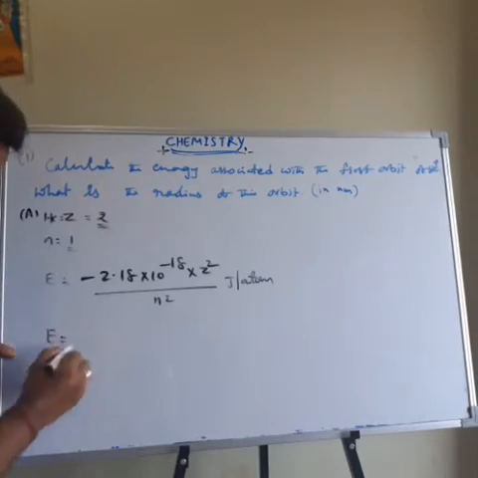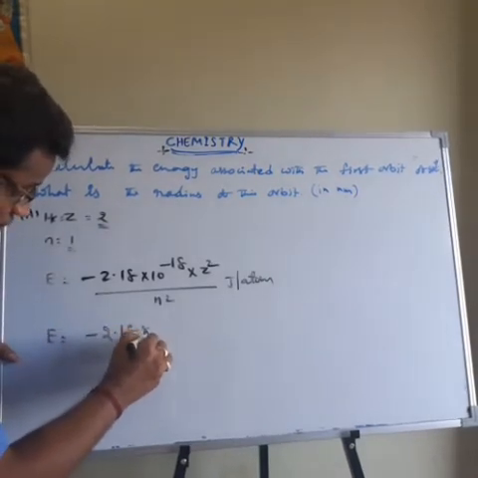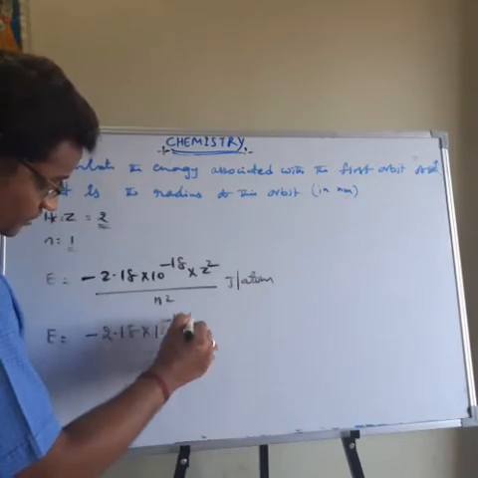Therefore energy E is equal to minus 2.18 into 10 power minus 18 into Z squared divided by n squared.